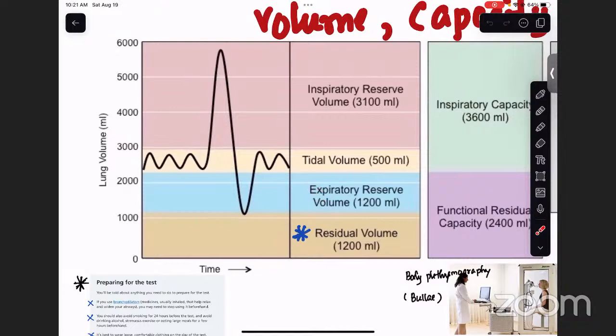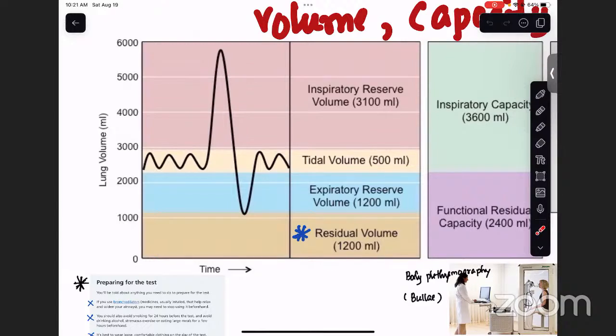But it is important to know that there will be residual volume, because in our lungs the alveoli have a capacity for dilatation due to the action of surfactant from type 2 pneumocytes. And it is very important.